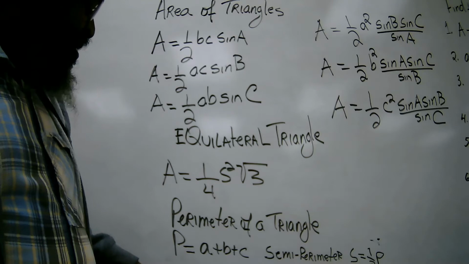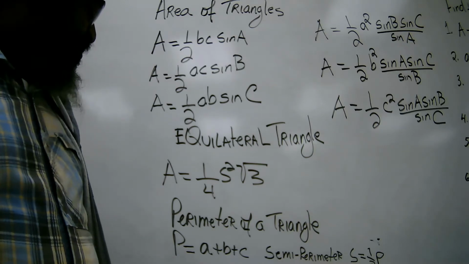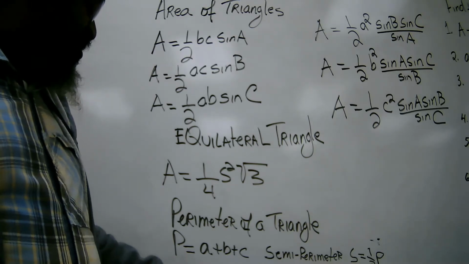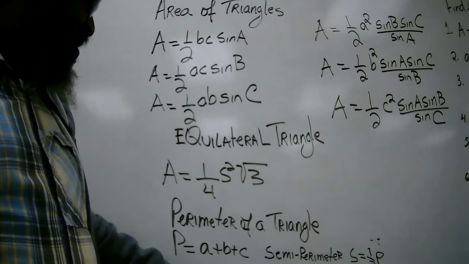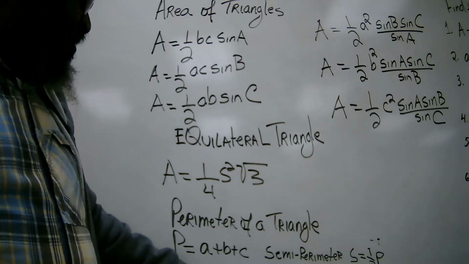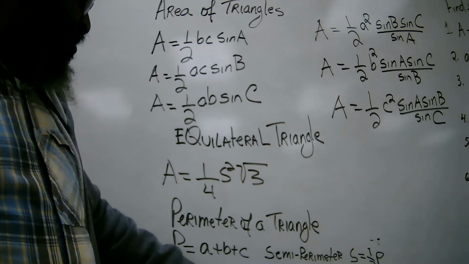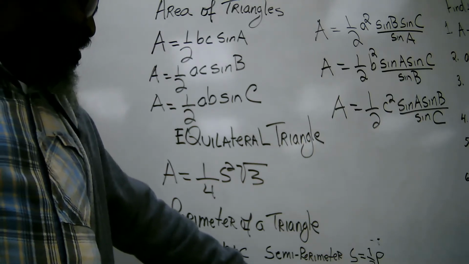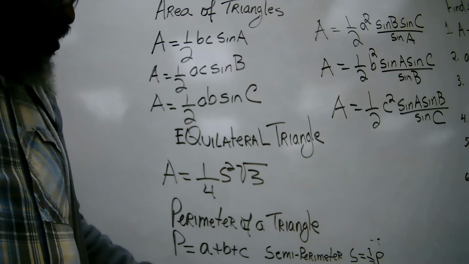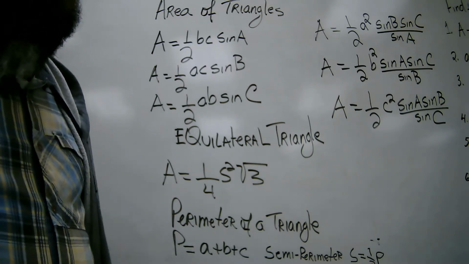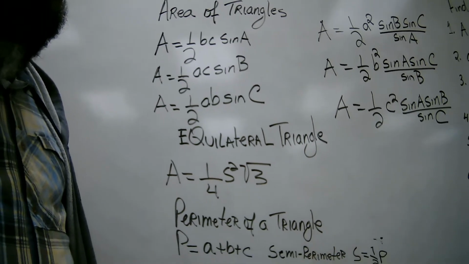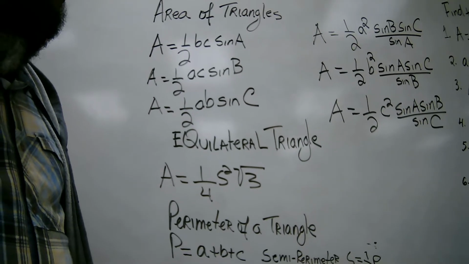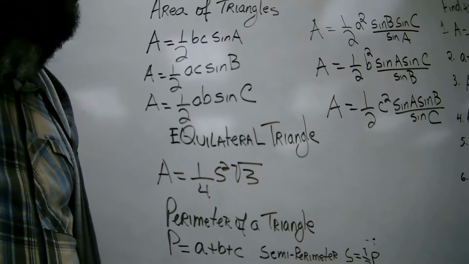Then you plug that in the formula, which will be the square root of s, which is the semi-perimeter, times s minus a, times s minus b, times s minus c. You multiply all those four numbers, whatever you find, then you take the square root of it. That will give you the area also.